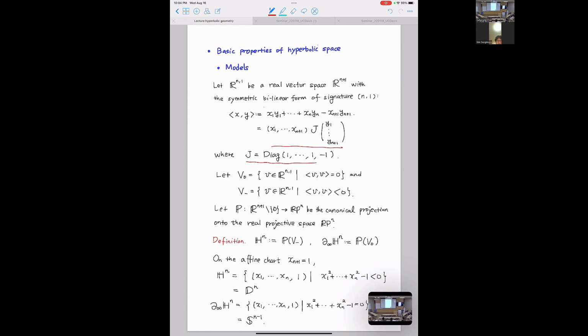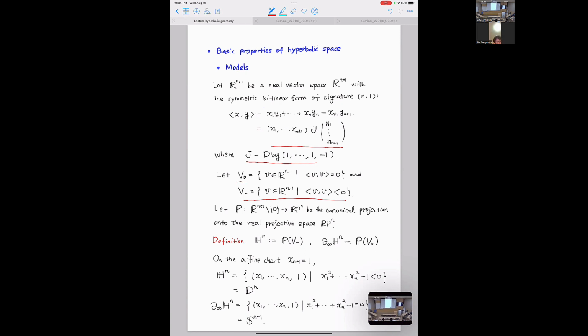If you have a symmetric bilinear form of signature (n,1), then there are vectors with negative norm, vectors with zero norm, and vectors with positive norm. Take all the vectors with negative norm first and define V minus, and the space of all vectors with zero norm is V0.